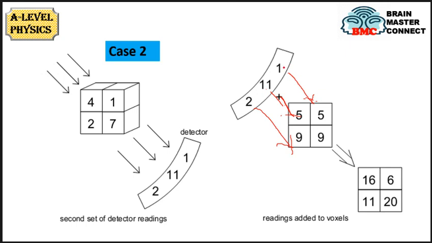So 1 plus 5 gives us 6. 5 plus 11 gives us 16. 11 plus 9, that's 20. Having done that, I'll be having another new Voxel in this place.